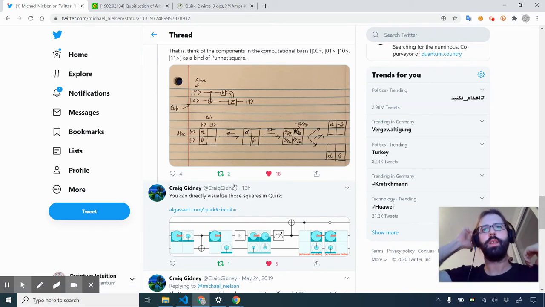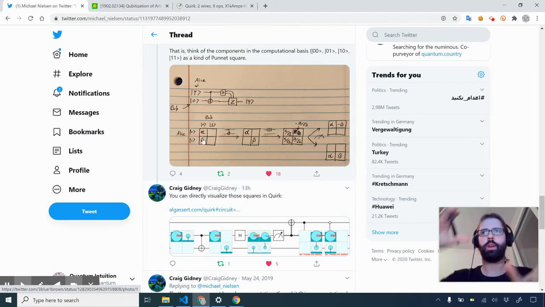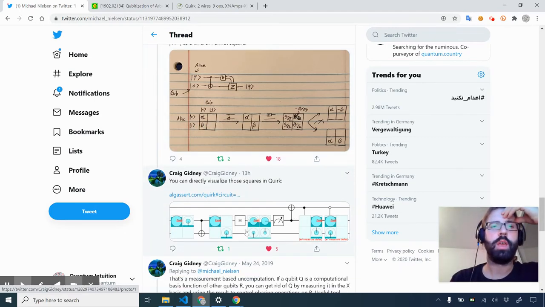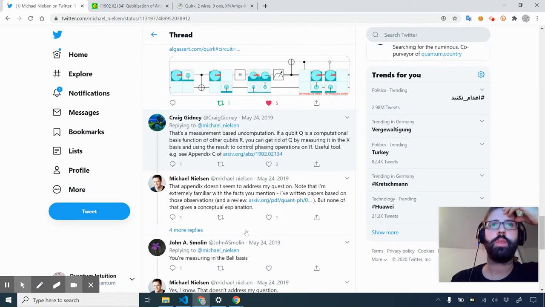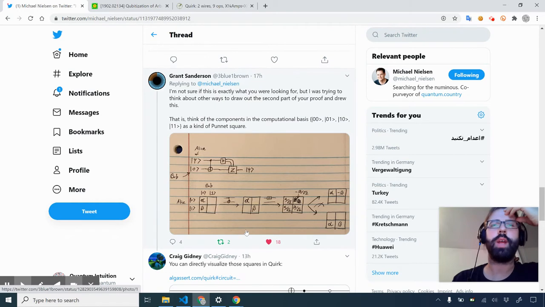I think the only difference is the columns, and it seems to be a transposed version of this. And Grant talks about smooshing, the smooshing effect that the Hadamard has, and stuff like that.